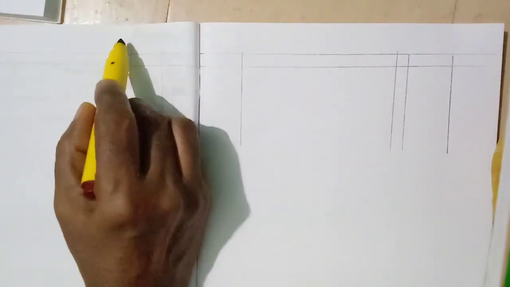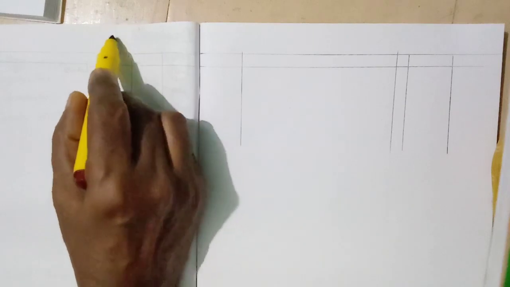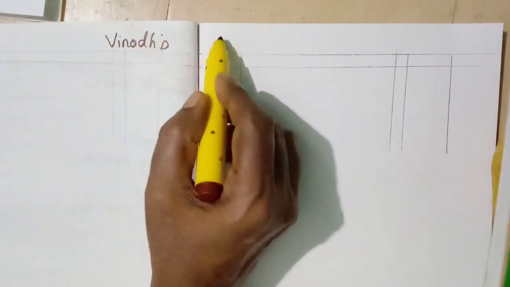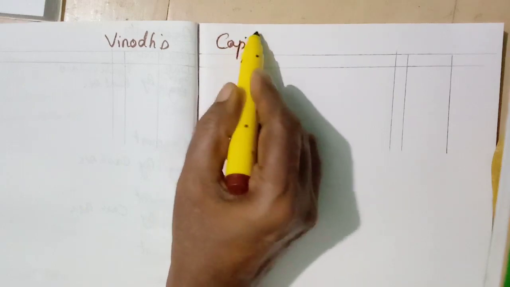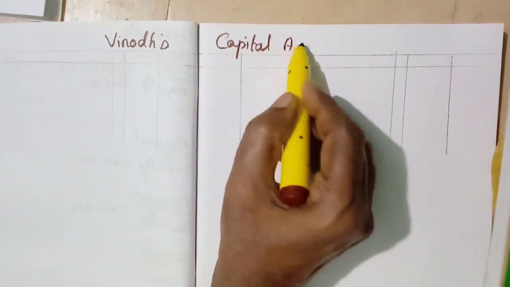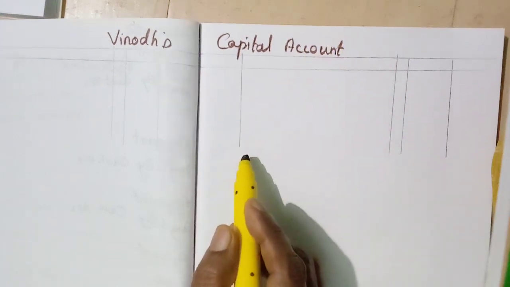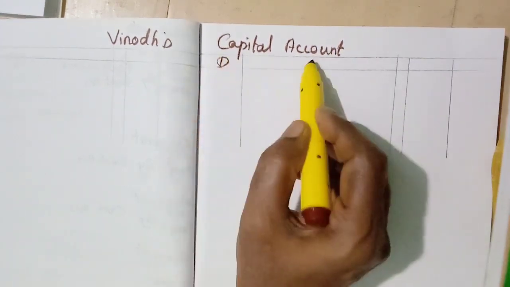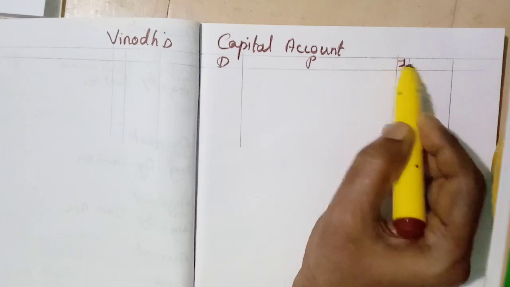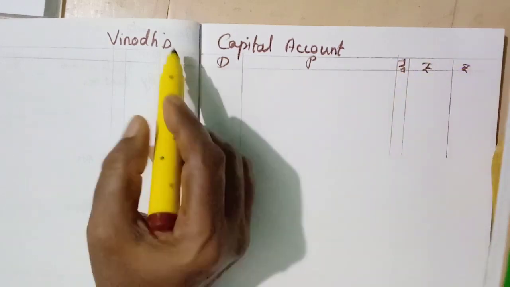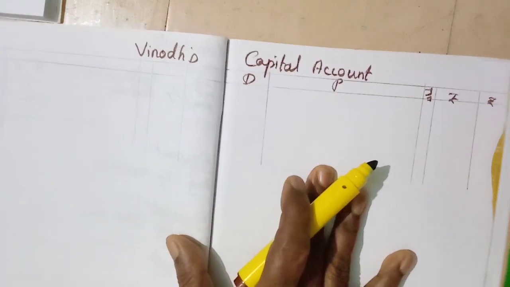So you have to prepare Vinod's capital account. Account, here you have to write full form of that word. Okay. Write everything. Date, particulars, JF, rupees. Everything you write. Okay.